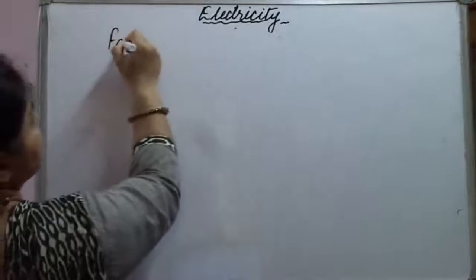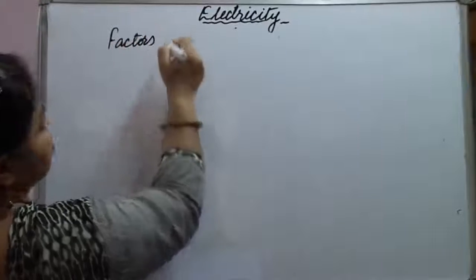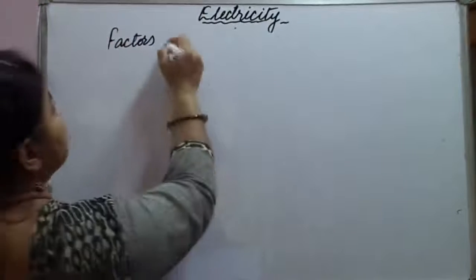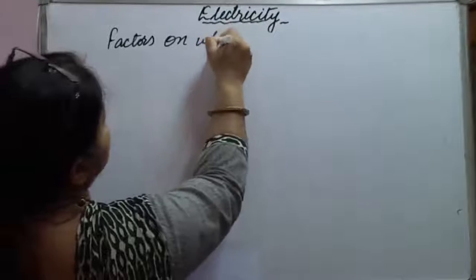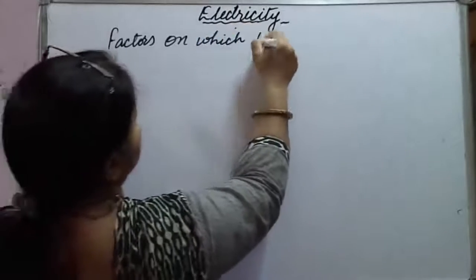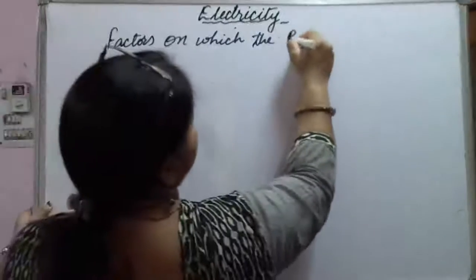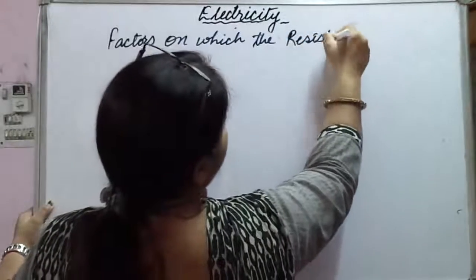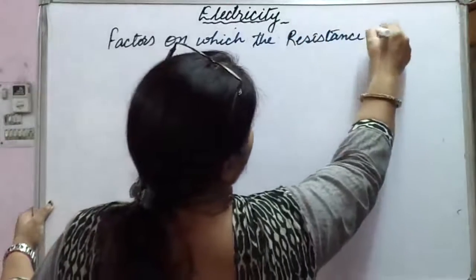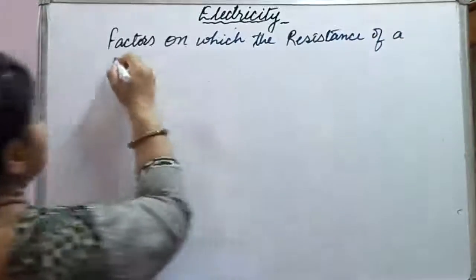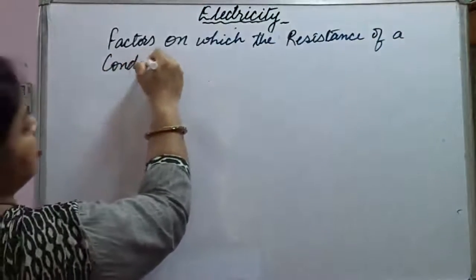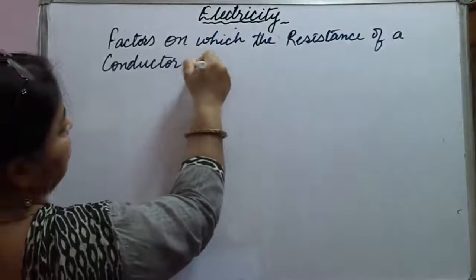Like the length of the conductor, the factors on which the resistance of a conductor depends.